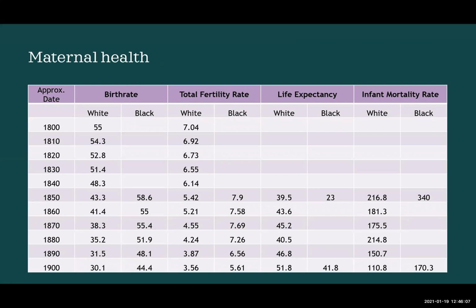So maternal health is often used as a proxy for overall health of a region, area, communities. And the first thing you'll notice is we don't have any real data for Black women in there until the 1950s.